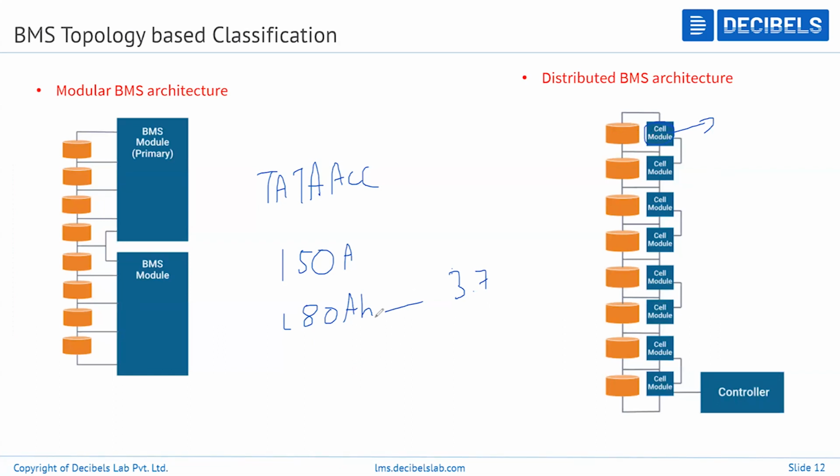Again, it measures the cell voltage, whatever the modular BMS AFE was doing, right? Temperature, voltage. So it carries the information through some communication protocol, passes it to the controller, and finally it controls. The same thing.